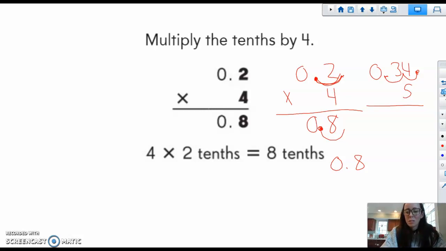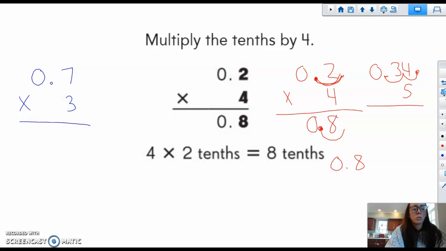I'm going to give you another example over here in blue that I want you to write down. So let's say I had 0 and 7/10 times 3. Okay, so I'm going to start by swooping this decimal out of the problem. So it goes swoop right over here. And then I just multiply.